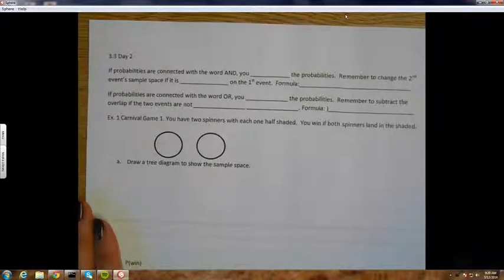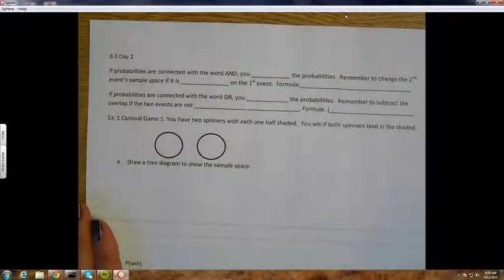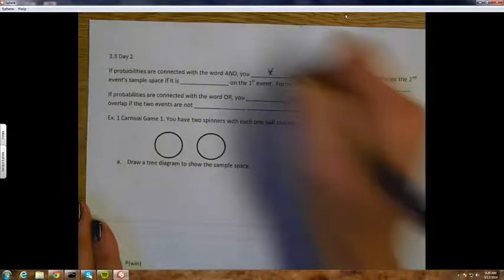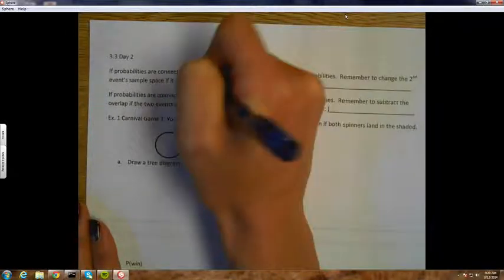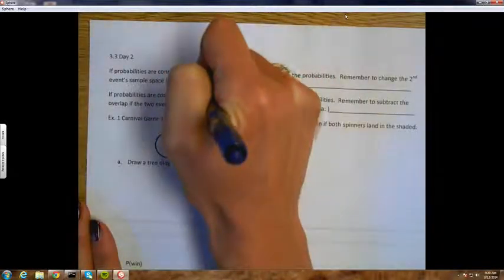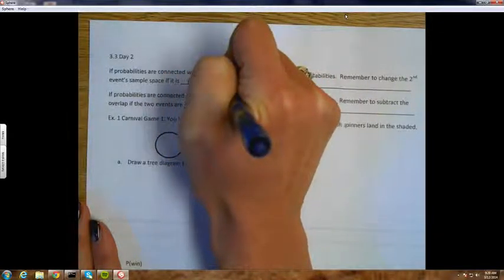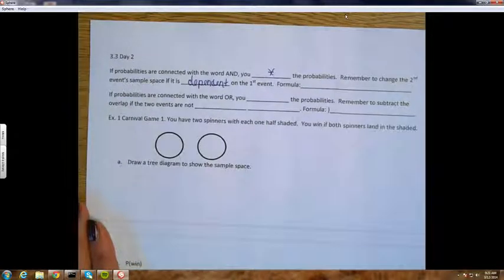Okay. If the probabilities are connected with the word and, you multiply. Very good. And remember to change the second event's sample space if it is dependent on the first event.